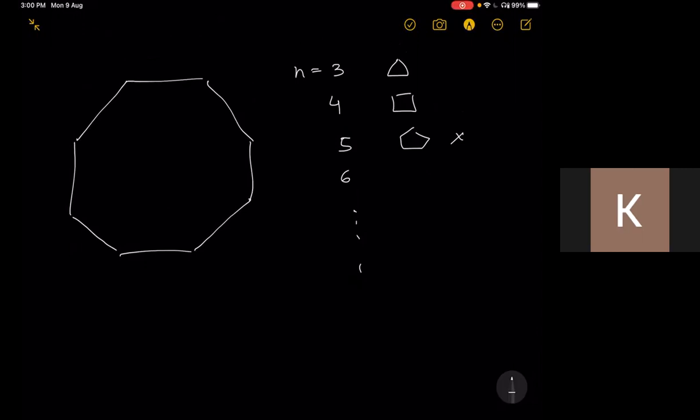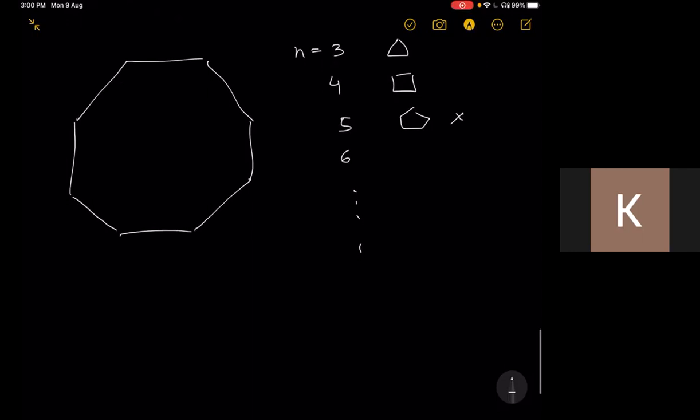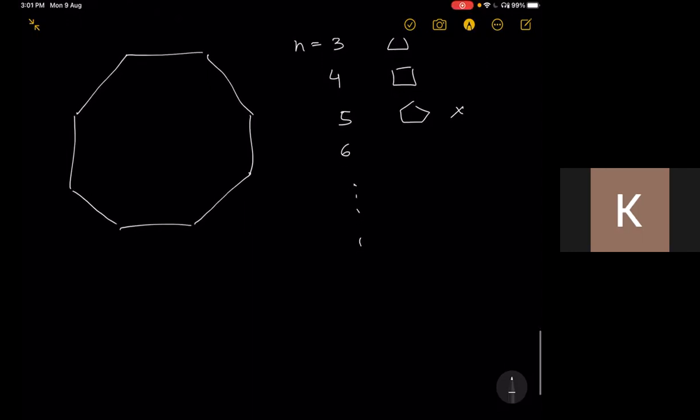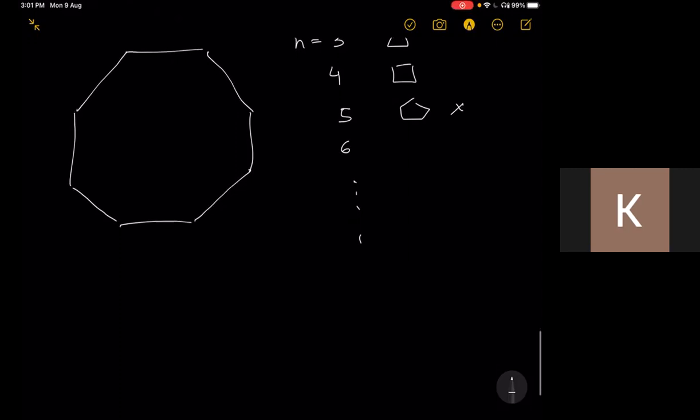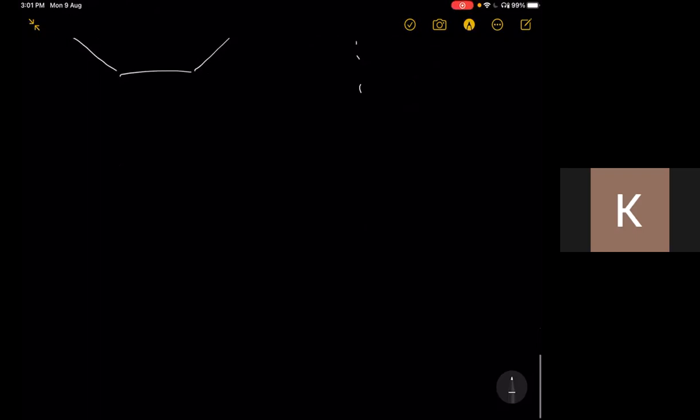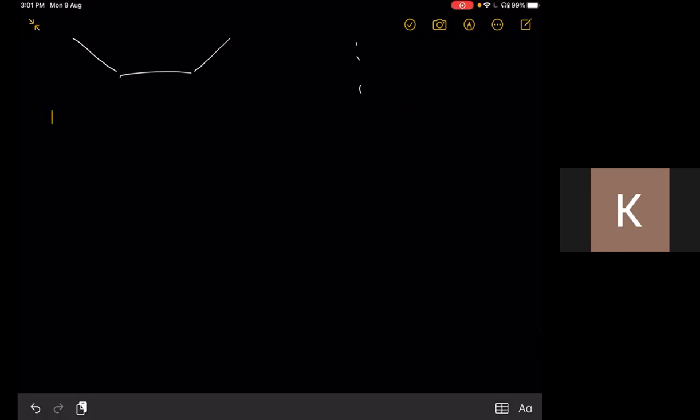I'm not saying that trying is bad, but I will tell you a better method. If you don't come up with a better method, then trying is the next best method. So trying is always a method. Don't underestimate trying. But anyway, since we are studying number theory, why will a pentagon not work?